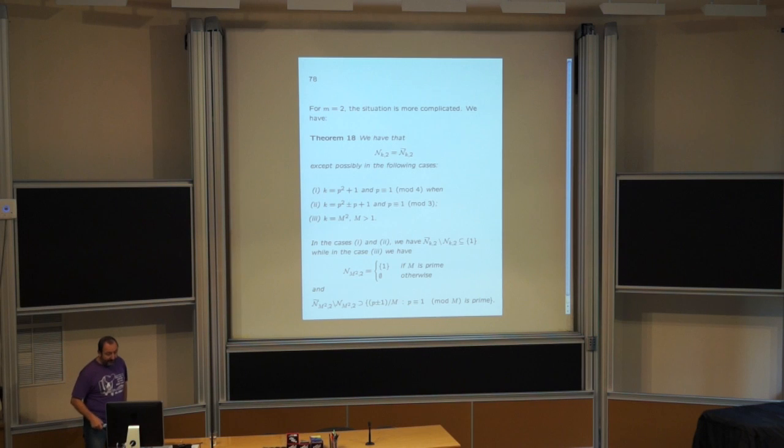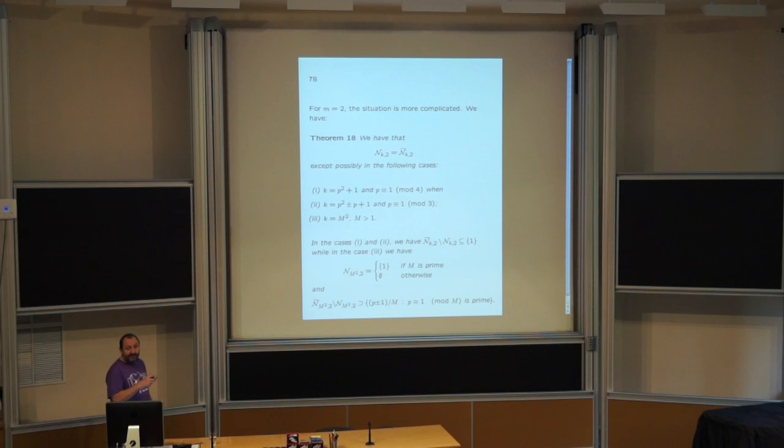Well, now, if m is 2, the situation turned out to be much more complicated. And in fact, in this case, these sets N sub k2 and N sub k2 tilde are the same, except several special values of k, which are listed here.